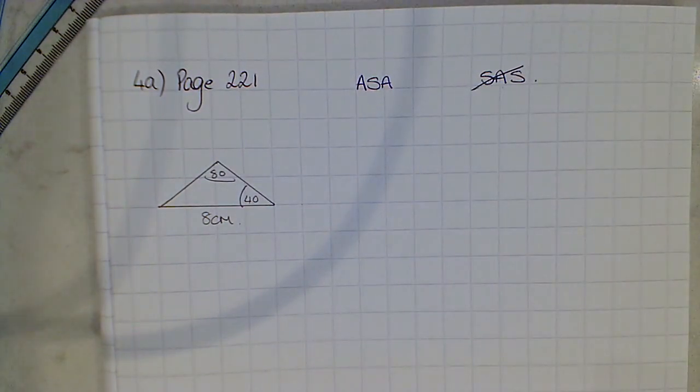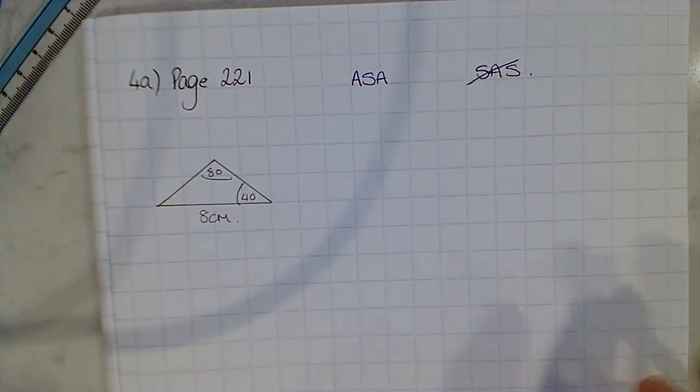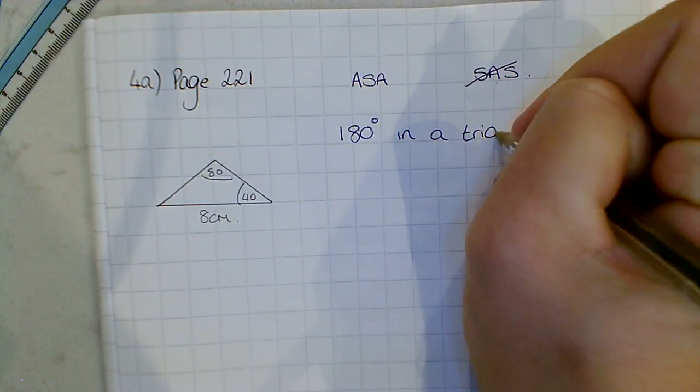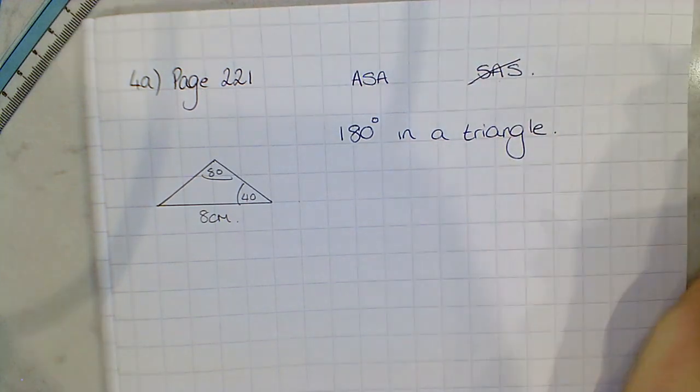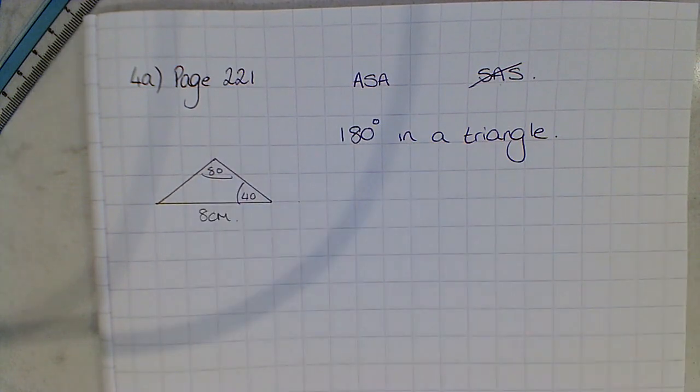So we need to look at how we're going to make it into an SAS triangle or an ASA triangle. So we know that there are 180 degrees in a triangle. Okay, so we know there are 180 degrees. If we add up all the angles of a triangle, we should get 180 degrees.